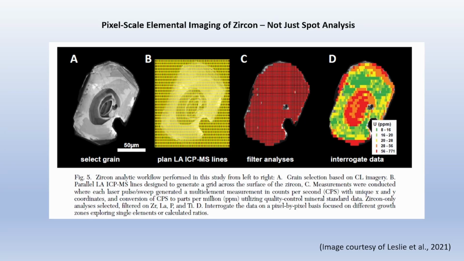This suggests a dynamic open system magma, which could be repeatedly affected by recharge with new magmas, or fluctuations in oxidation or melt composition, rapid zircon dissolution, and resorption cycles.